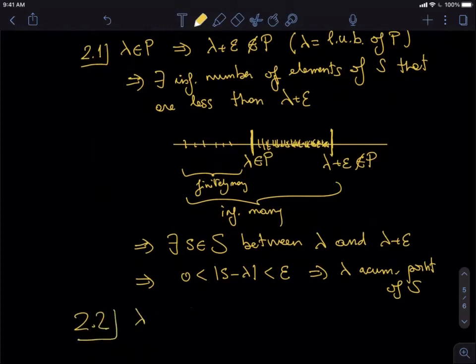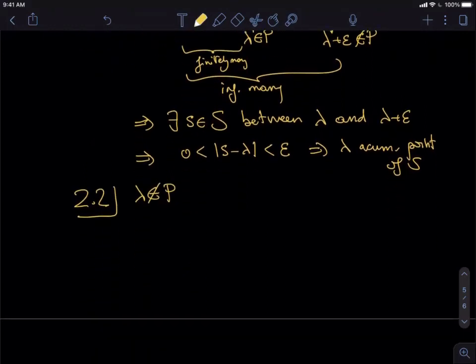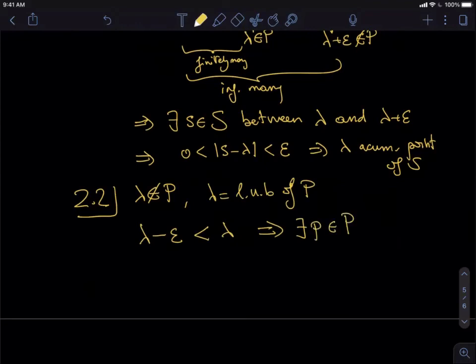Now the second case is when lambda is not in P, and because lambda is a least upper bound of P, and we know, of course, lambda minus epsilon is smaller than lambda. This means that there exists some point p in the set capital P such that lambda minus epsilon is smaller than p, smaller than lambda.